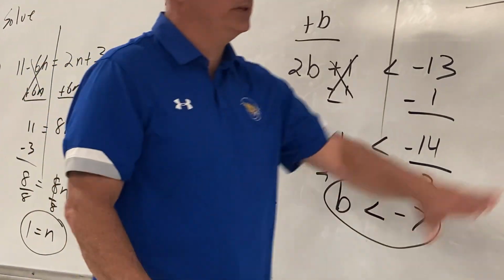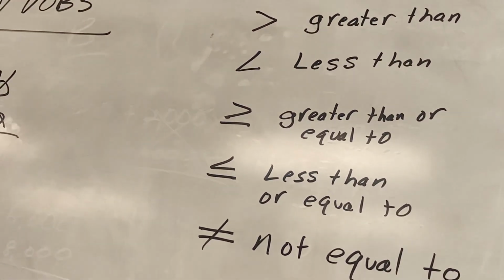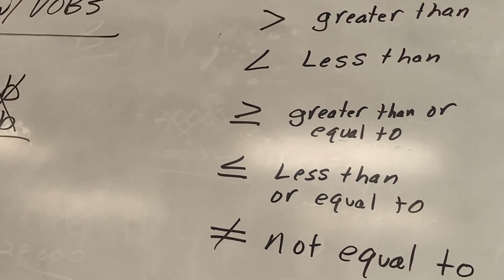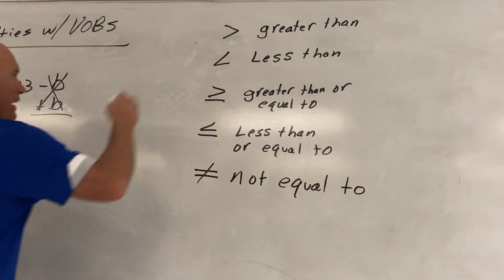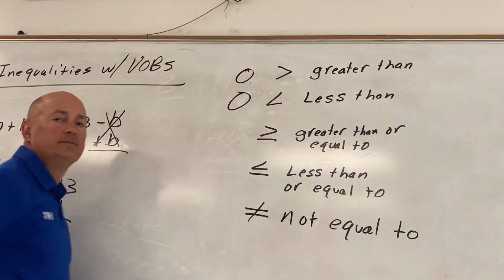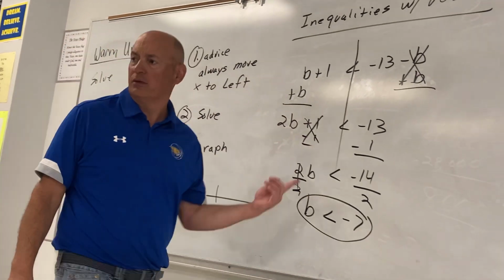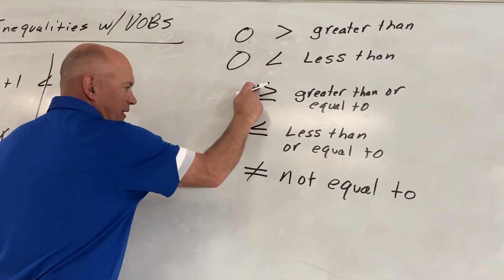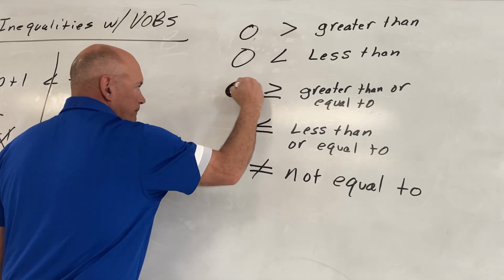And then let's make up a little key over here, because you're going to have to put a circle above negative 7. And the circle might be an open circle, or it might need to be filled in. If it's greater than or less than, we need an open circle. Write it on your answer. If it's greater than or equal to, less than or equal to, those circles are closed in. Fill them in.